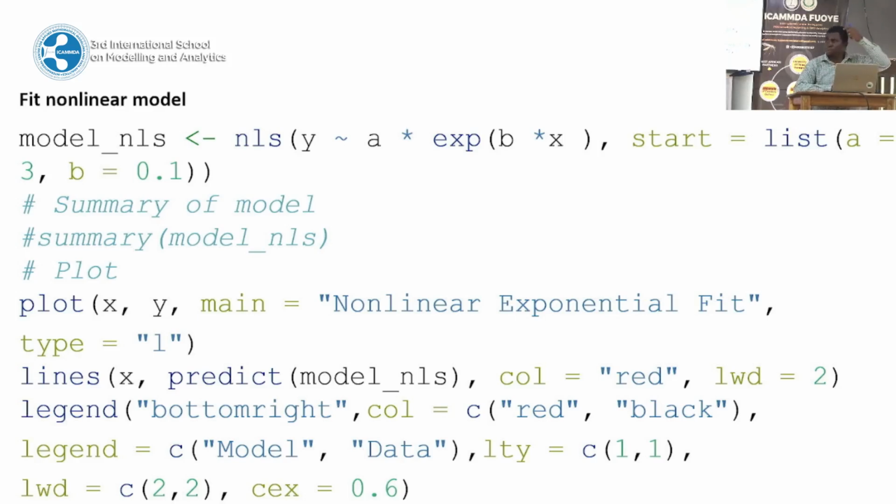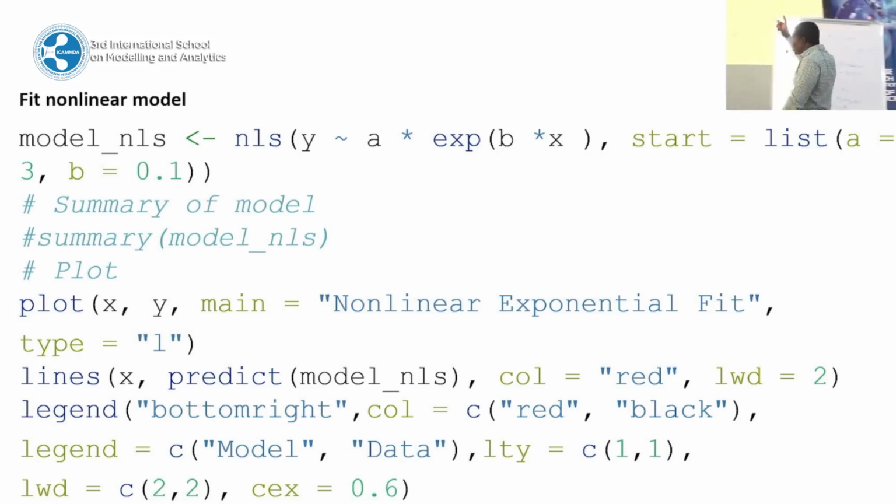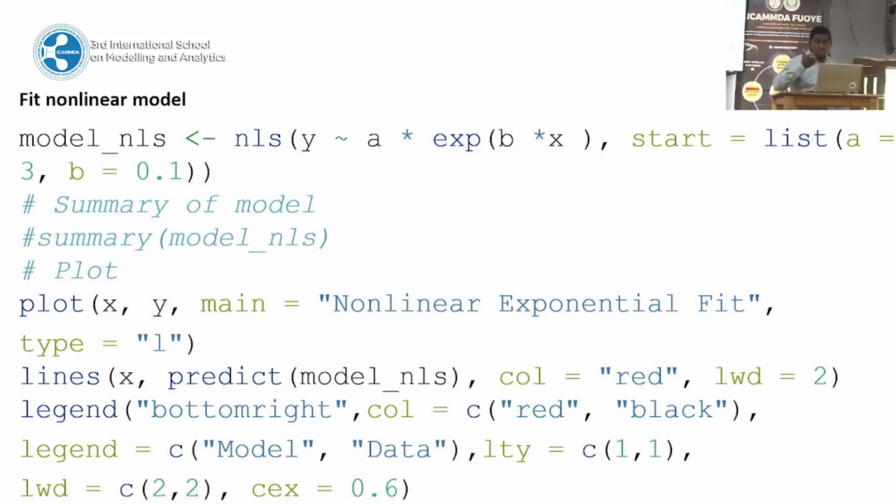X and y. What are the coefficients there? All the parameters. A and b. Those are the things that I want to estimate. Are we together? A and b is what we want to estimate.